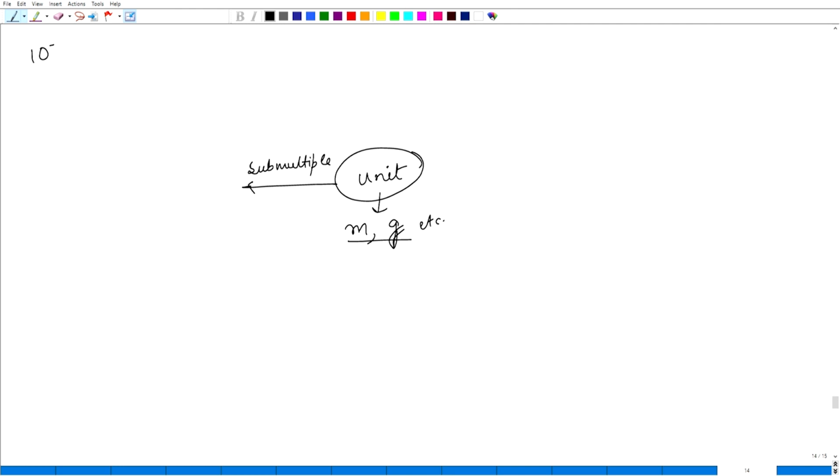So, 10 to the power of minus 24, this is the lowest that we know.